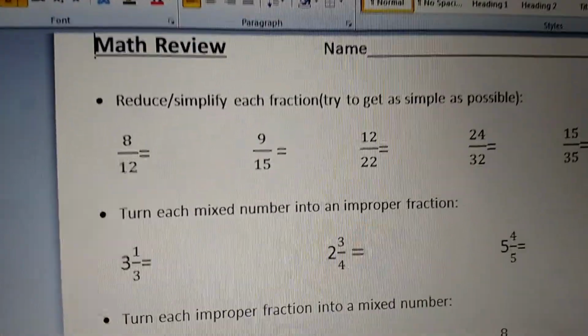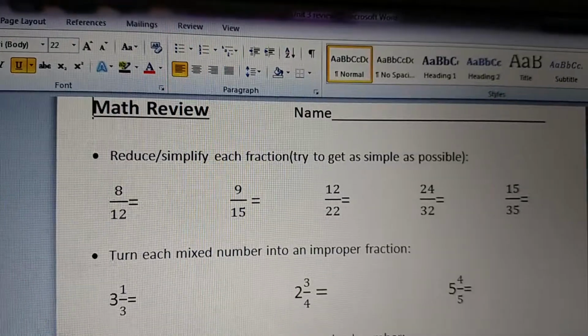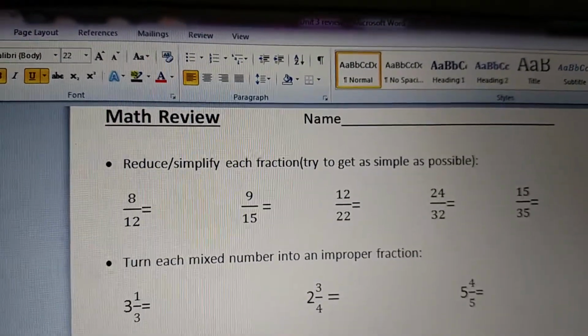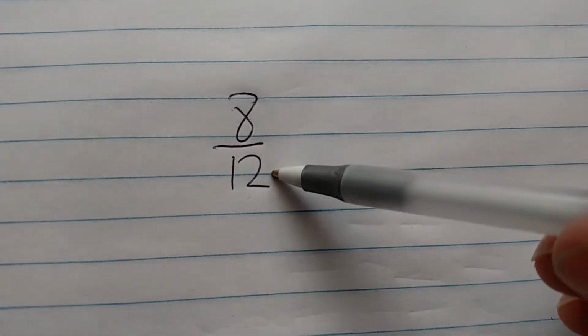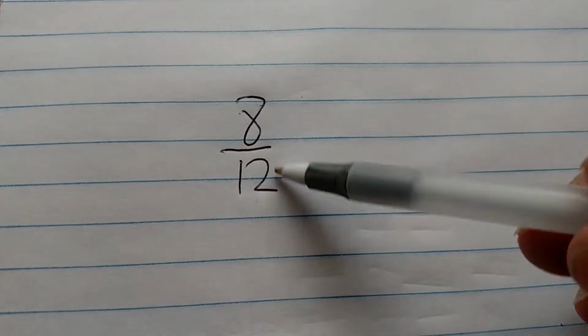So I'm supposed to reduce or simplify each fraction. Try to get as simple as possible. Reduce means you want to make an equal fraction but with smaller numbers. So I'm going to write 8/12 on my paper. To reduce or simplify a fraction, I have to divide the numerator and denominator by the same exact number.